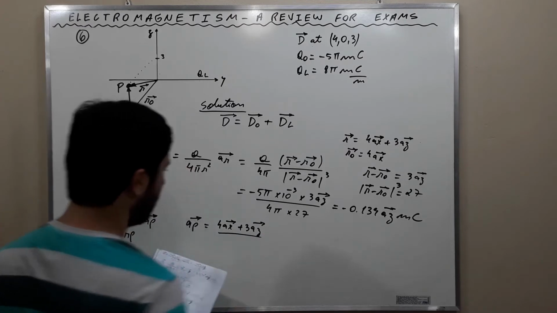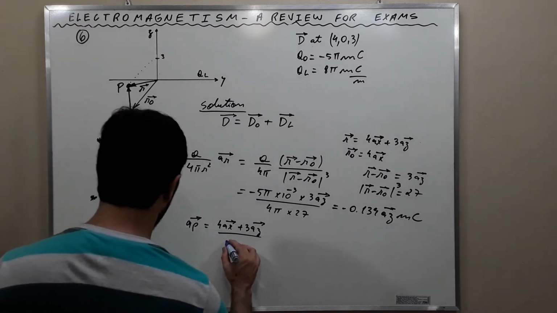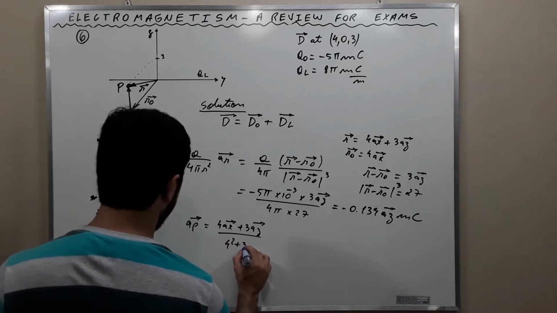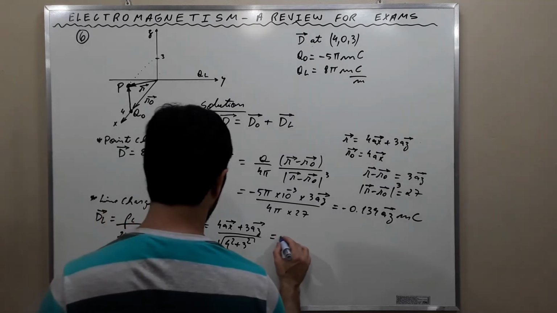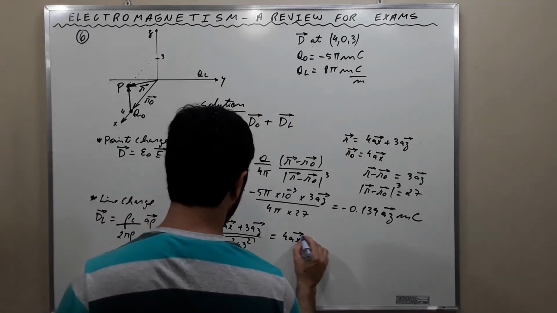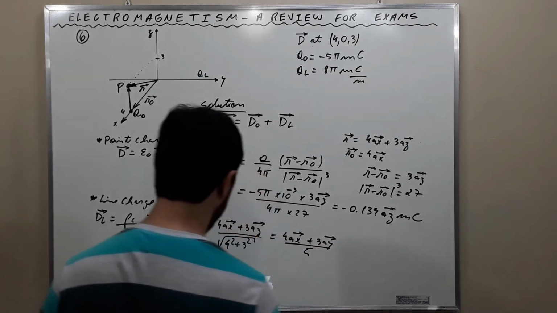And this is divided by the magnitude of the vector, square root of 4 squared plus 3 squared. And this is 4ax plus 3az divided by 5.